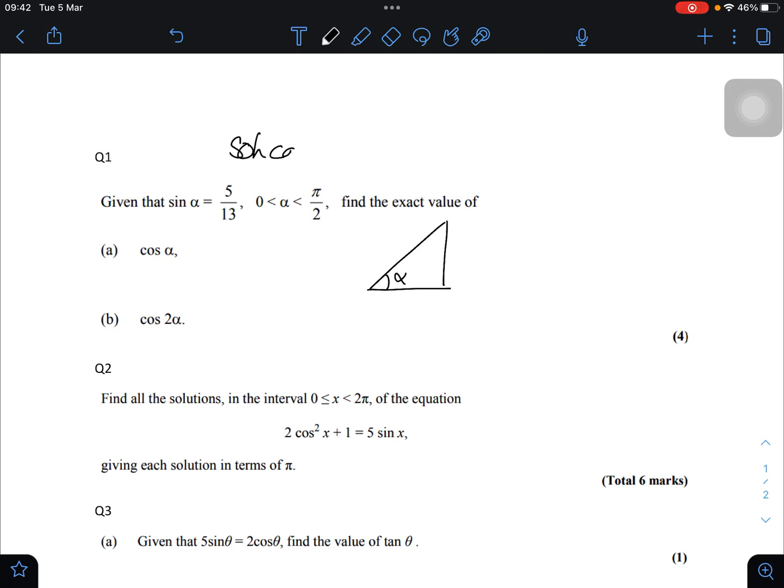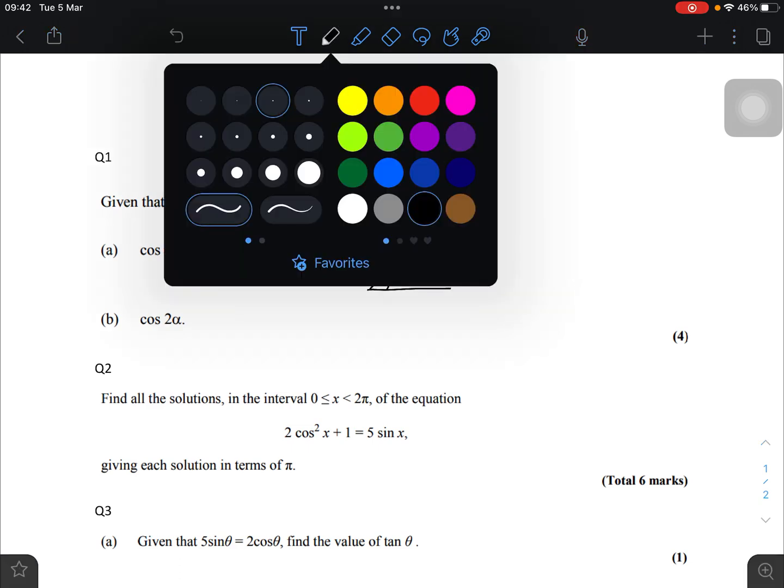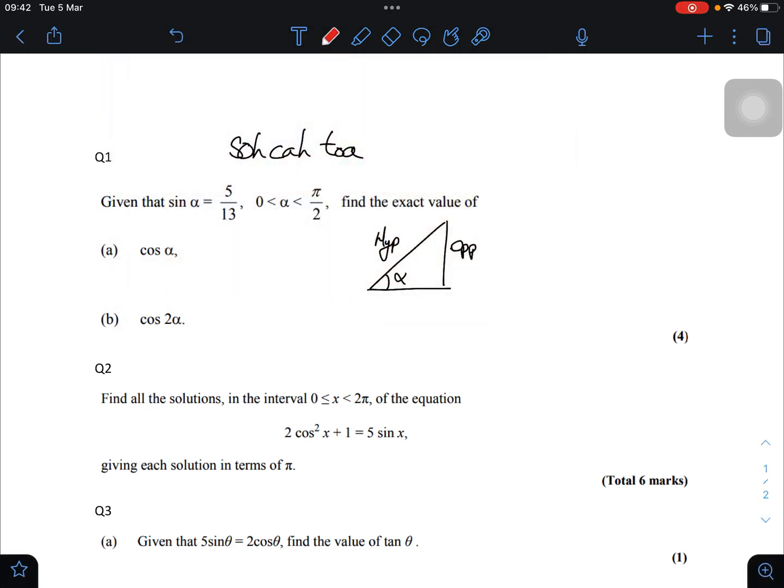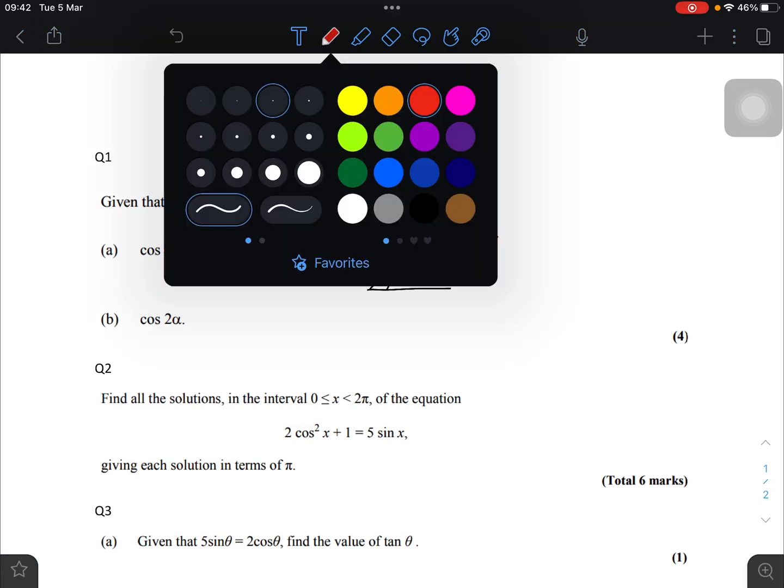We've got sine. Sine is opposite over hypotenuse. And so in our case here, the values that we've got are 5 and 13 for those two.